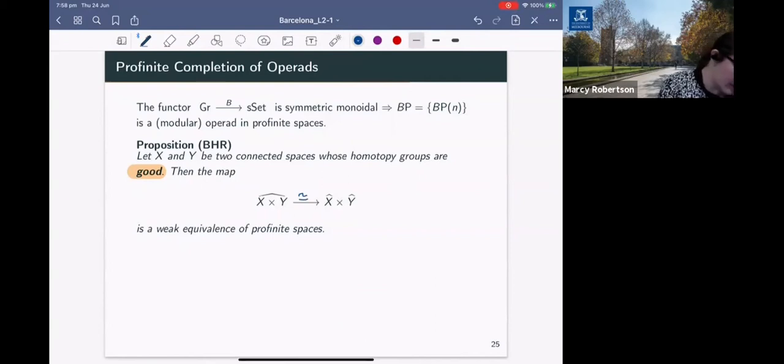It's almost never true in general. In general, profinite completion of spaces does not behave well.